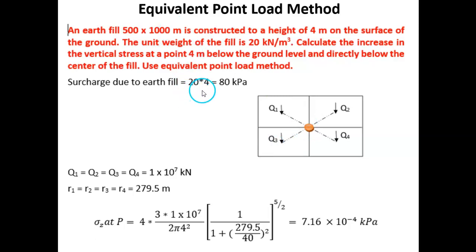So 80 into 500 into 1000 will give so much value. That divided by 4 will give the point load as 1 into 10 to the power of 7 kilonewton. Total load is this UDL into the area of the footing. That divided by 4 will give the point load on each rectangle.